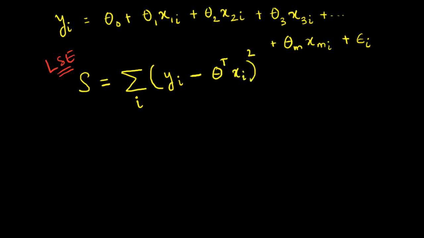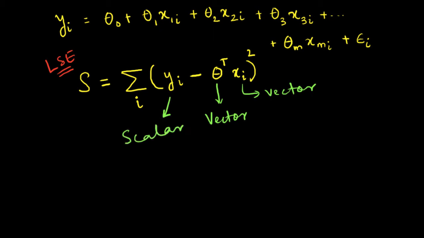So now this theta is a vector and these xi's are also vectors, but this yi is still a scalar because we have a single output. So this xi is a vector representing the input for the ith data point, and this theta is a vector representing the parameter values theta 0, theta 1, theta 2 and so on.